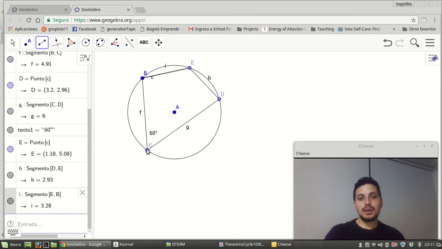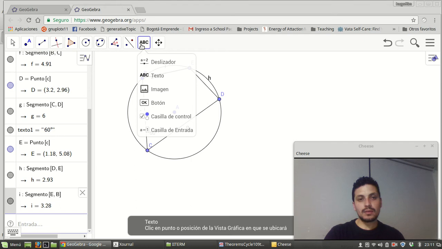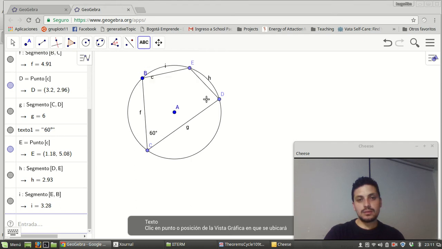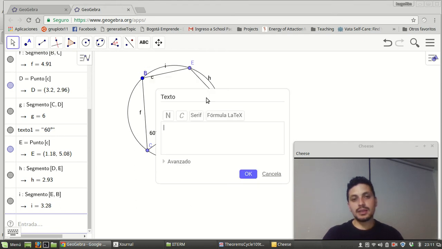Okay, so we have a quadrilateral, and the idea is to find what is angle E, what is angle B, what is angle D. Okay, and we have here 60 degrees, and let's say that this angle is 40.